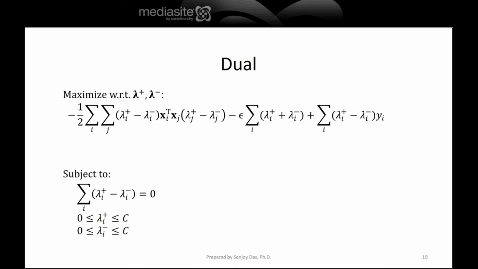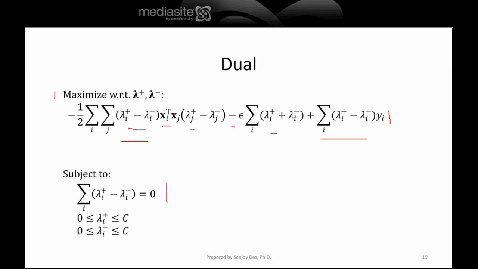And with this, I can write my dual. So I maximize with respect to lambda plus and lambda minus this, which is what remains of the Lagrangian, now the dual function: negative half double summation of lambda I plus minus lambda I minus, xi transpose xj, times lambda j plus minus lambda j minus, minus epsilon summation I of lambda I plus plus lambda I minus, plus summation of lambda I plus minus lambda I minus times yi.